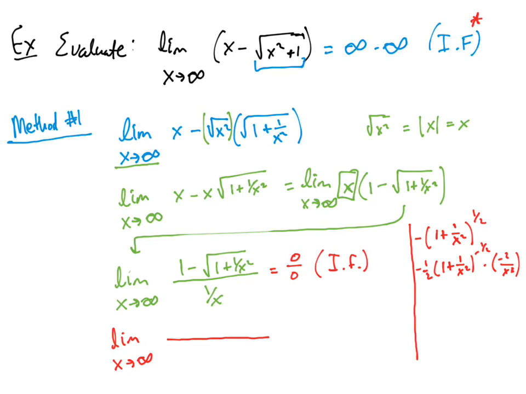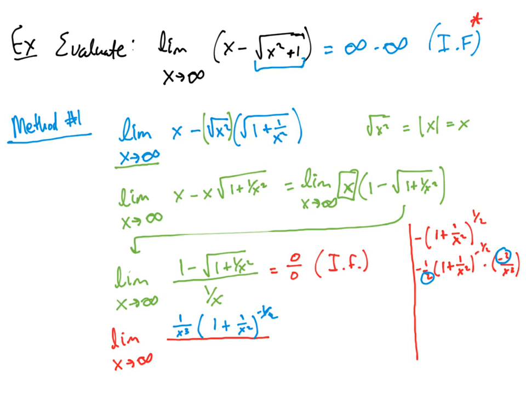That's what we'll get in the numerator, and I'm going to rewrite that a little to simplify things. I have a negative 2 and a negative 2, those can cancel. So I'll have a positive 1 over x cubed times 1 plus 1 over x squared raised to the negative 1/2. Usually we don't write negative exponents, but we'll see that this won't make a difference in this instance.